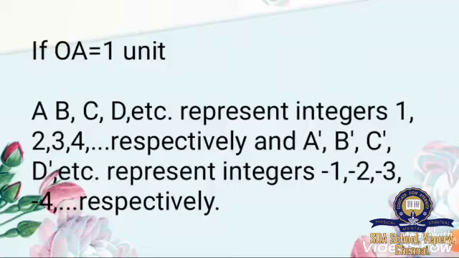If OA is equal to 1 unit, then A, B, C, D, etc. represent integers 1, 2, 3, 4 respectively, and A dash, B dash, C dash, D dash, etc. represent integers -1, -2, -3, -4, etc. respectively.